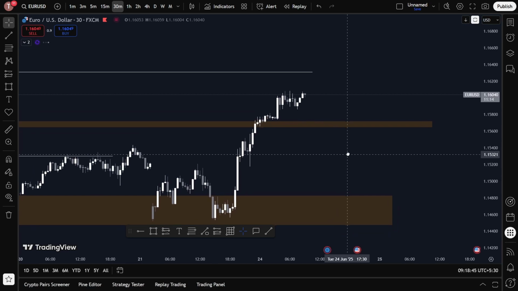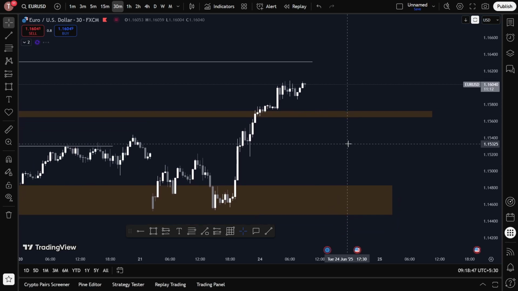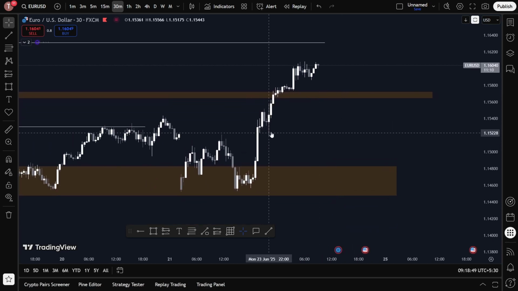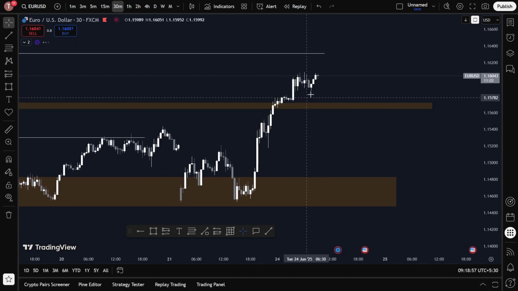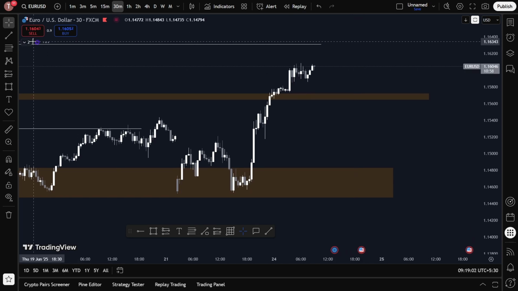As we move into the 30 minutes, what we see is that the price respected this flip zone, moved into the higher side, and currently we are further moving upside. I'm waiting for the price to load this indicator, but it's taking a bit of time.